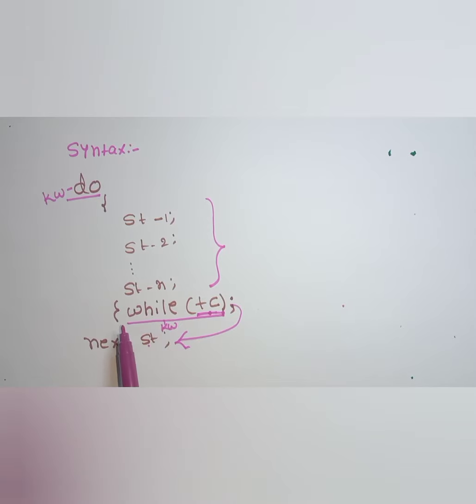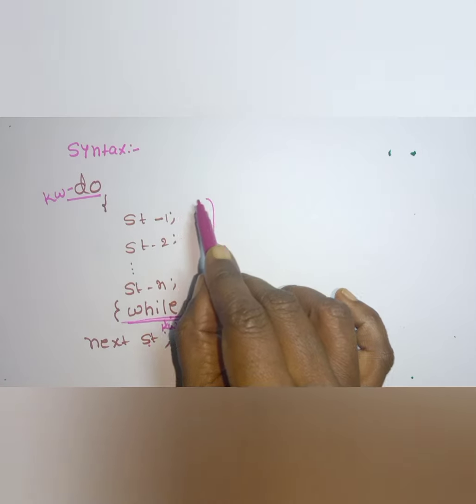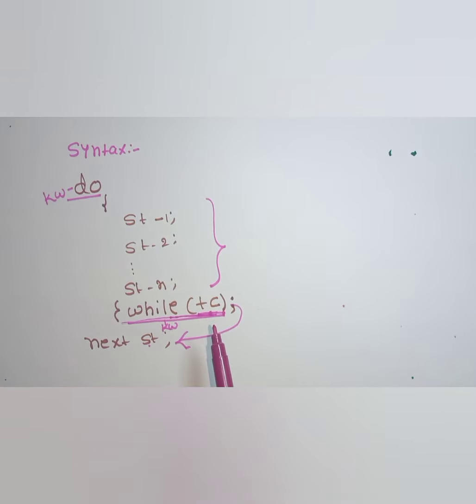That means while exiting, it is checking the condition. Whatever may be the condition, the body of the loop is executed at least once. Whereas in the while statement, if the condition is false, it is not going to enter the body of the while loop.